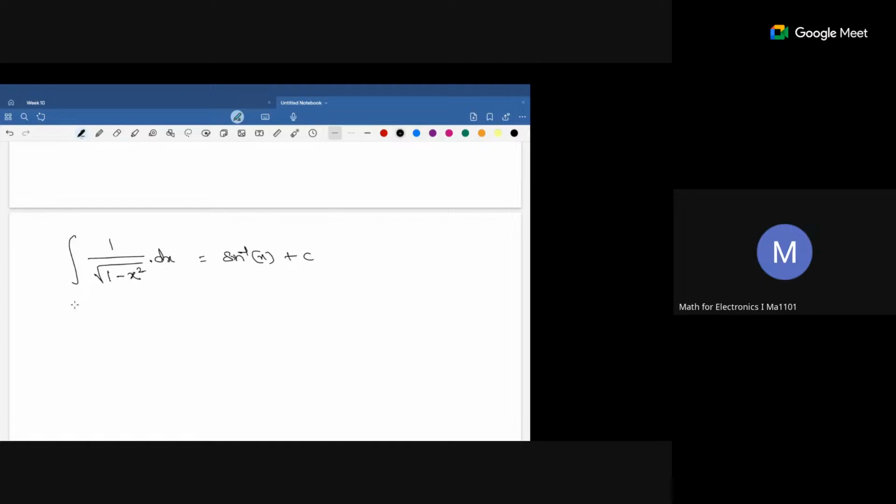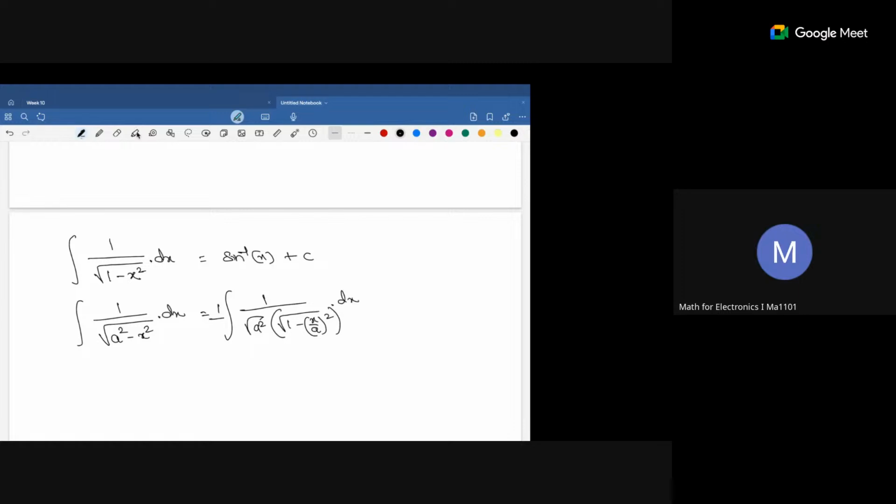Not only this, we can also compute integrals of the form 1 by square root of a square minus x square dx. Now what we have to do is pull a square out. Then I will have root a square into square root of 1 minus x by a whole square dx.